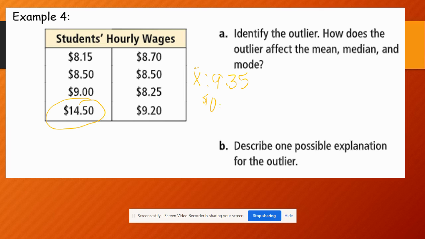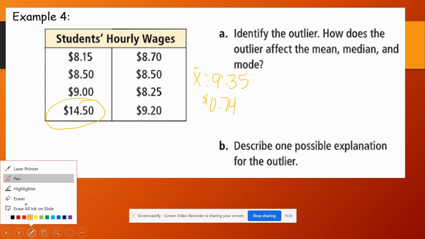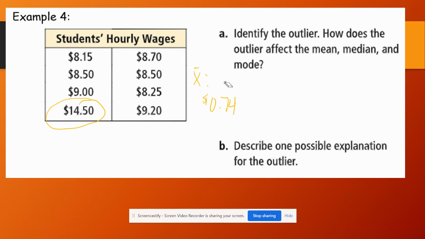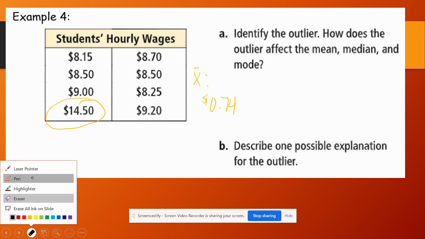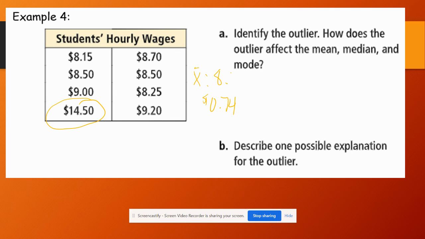That gives us a difference of 74 cents, which doesn't seem like a lot, but it really kind of is when we're talking about the middle. Oh, I apologize. My mean without the outlier should be 8.61. And remember, 8.61 fits more in the middle of a lot of this data. So it truly does better represent an average or middle.